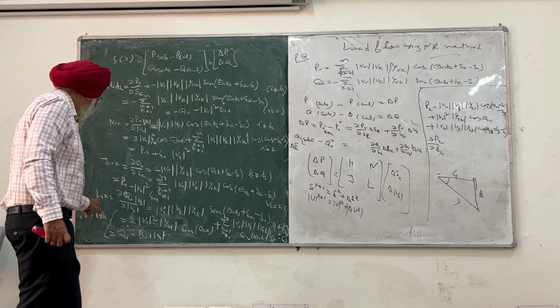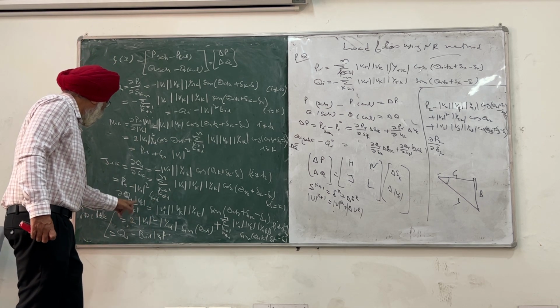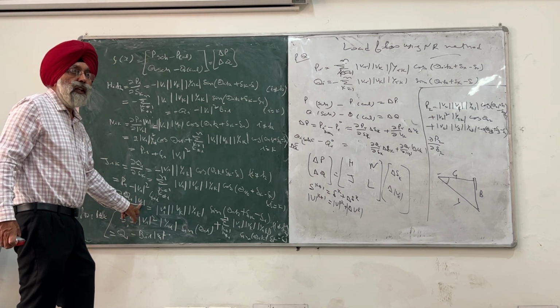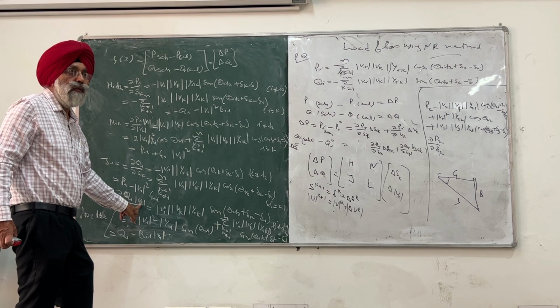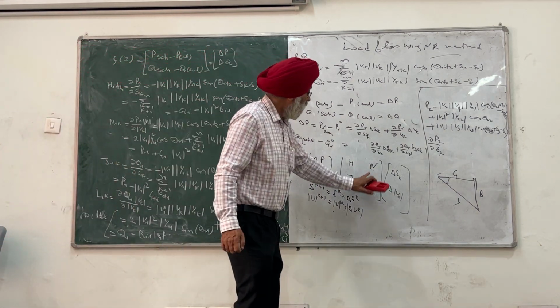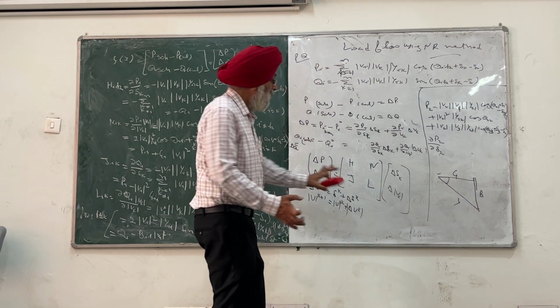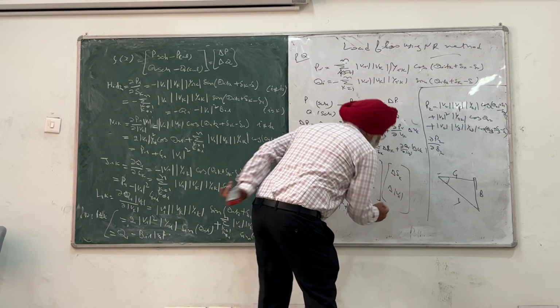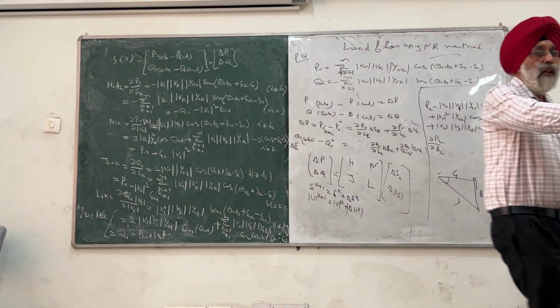Similarly, we have the derivative of QI with respect to VK. So we have multiplied here by the VK. If we are taking the derivative terms by multiplying with the VK, we need to divide here also VK.